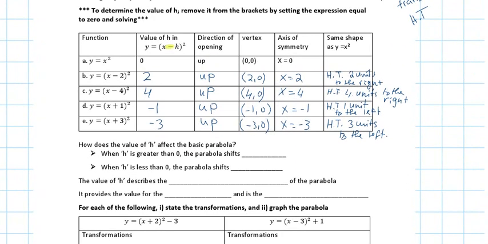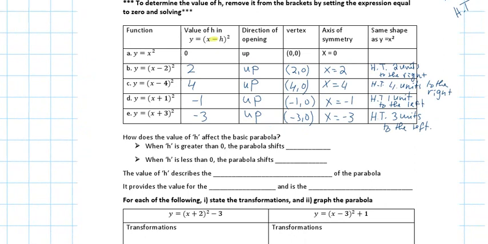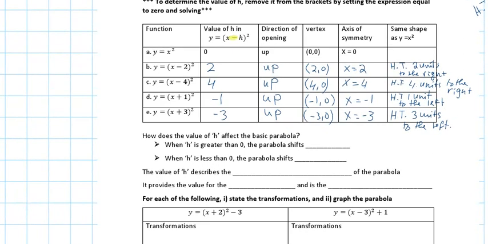I just want to take you back for a second to the vertex. We said the vertex is x and y. On the previous page, we said that the y value is the same as the k, right? And in this one, the h value matches the x value of the vertex.